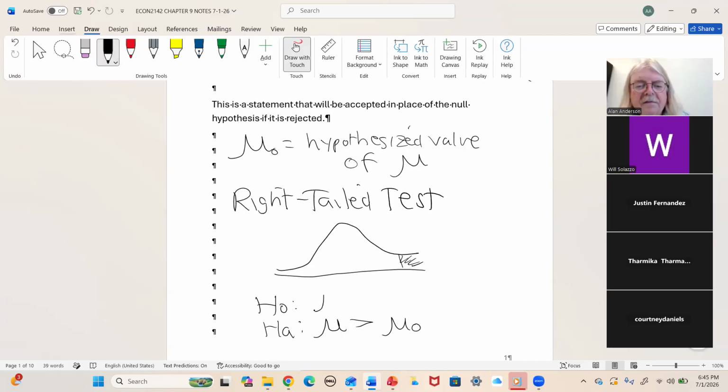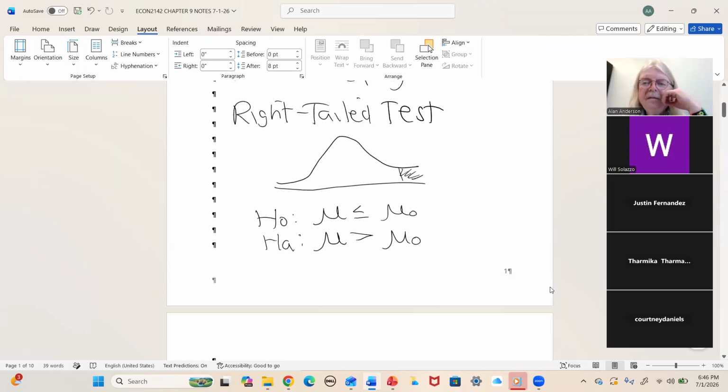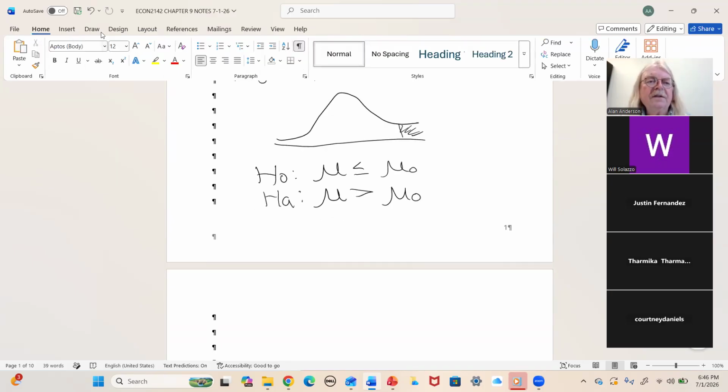It'll look like this. So now they really do cover all the possibilities. Now, this is a case where you would set it up if there's some really important reason why you need to know if the mean is too high, or higher than mu zero, the hypothesized amount.